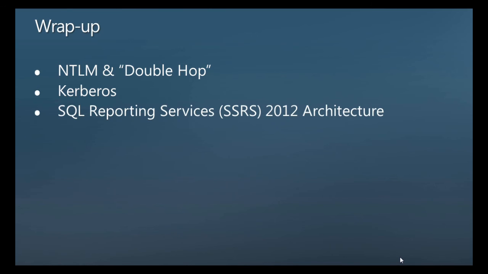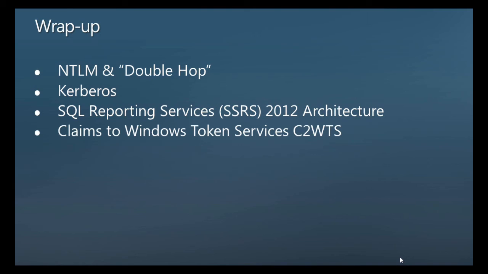We then took a look at the new SQL Server Reporting Services 2012 architecture. We learned that it's now a service application in SharePoint integration mode, and we learned about what that means because it's now implementing the service application framework. In particular, SQL Server Reporting Services dependency on the claims to Windows token service.